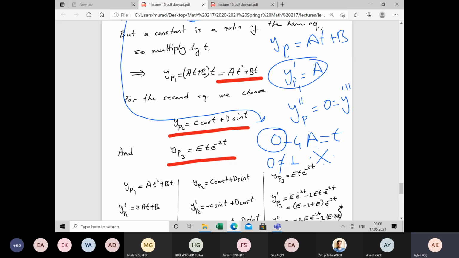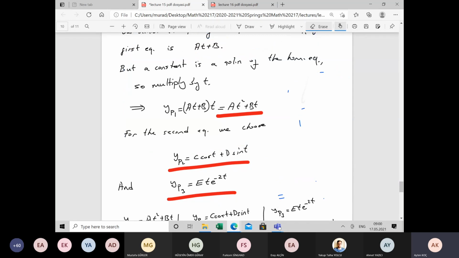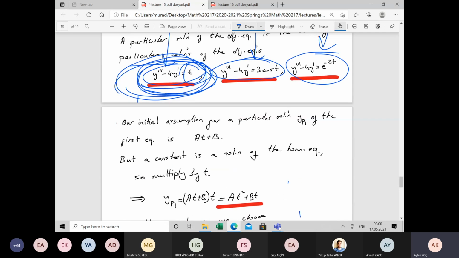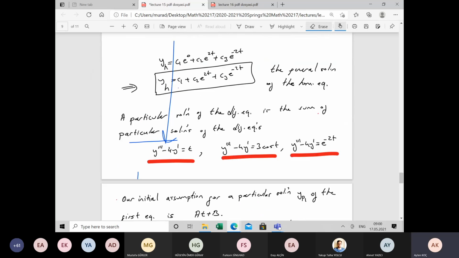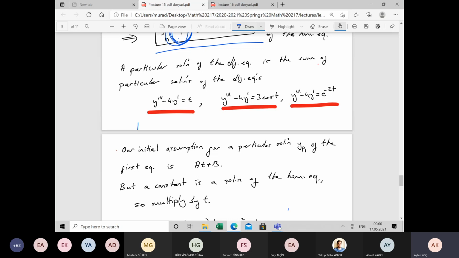So what is the reason this form doesn't work? Look at the general solution of the homogeneous part. It contains a constant term, so a constant is a solution of our homogeneous equation.